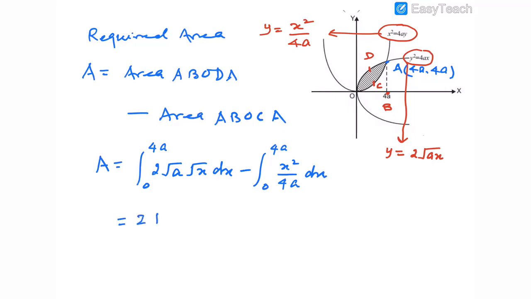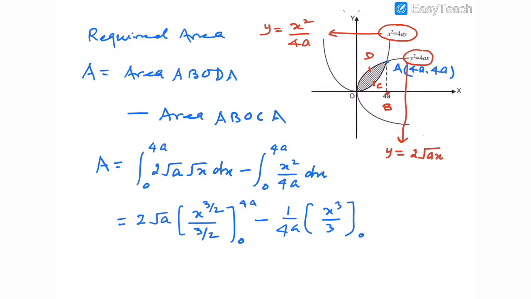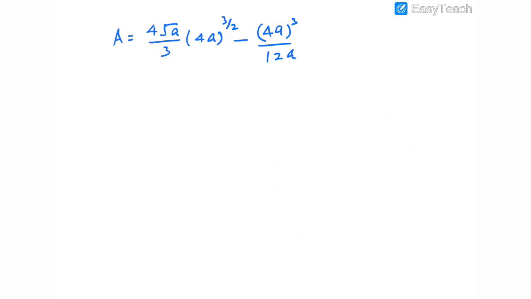Which is equal to, take 2 root a outside, so after integration of root x we have x power 3 by 2 over 3 by 2, limit from 0 to 4a, and 1 by 4a. Integration of x square is x cube by 3, and the limit is from 0 to 4a.